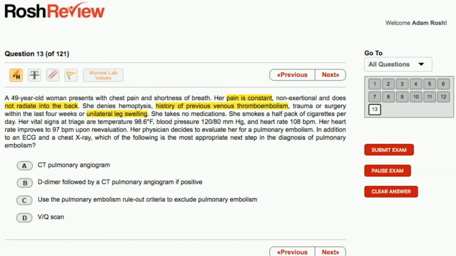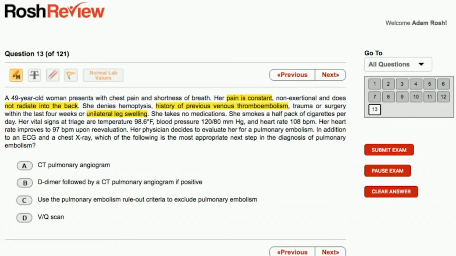Well, the patient is clearly concerned for possible pulmonary embolism, but she has really no risk factors. Denies hemoptysis, no history of PE, no trauma, no surgery, no unilateral leg swelling. And this really all comes from Wells criteria. So she's a low risk patient here.